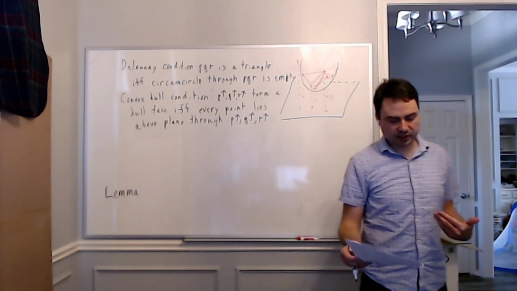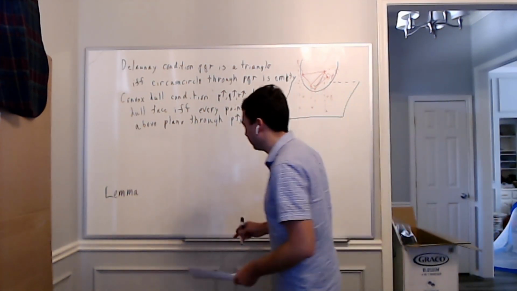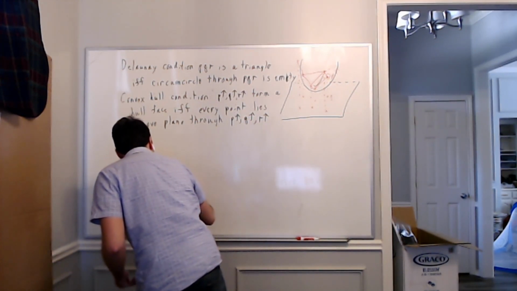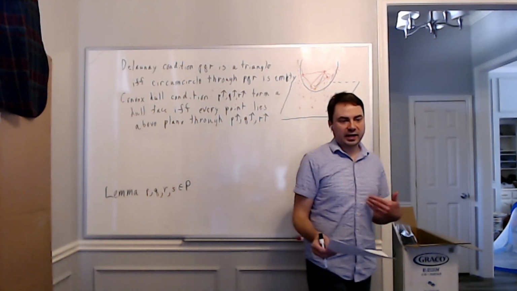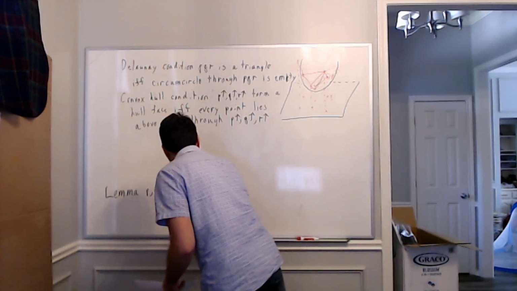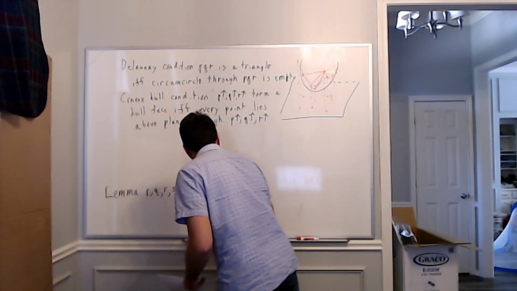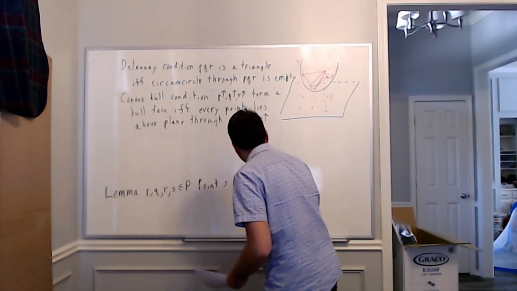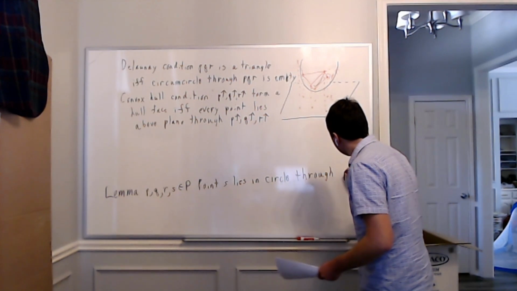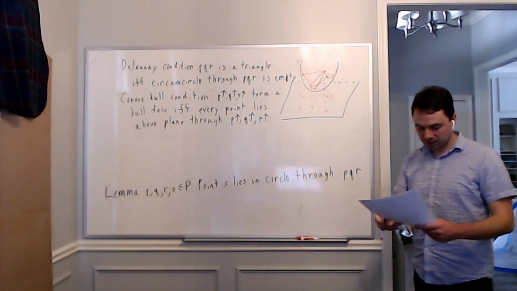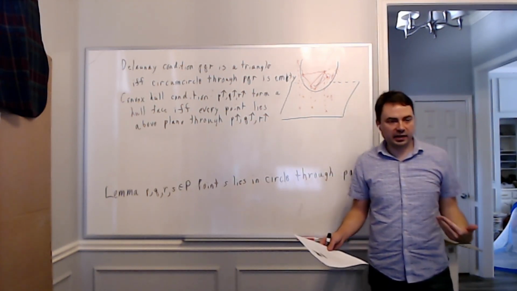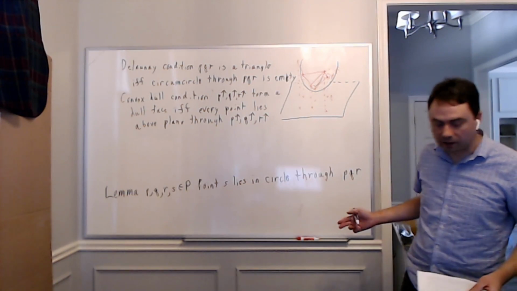If I have 4 points, P, Q, R, and S, point S is going to lie in the circle through P, Q, and R if and only if the projection of S lies above the plane going through the projections of P, Q, and R.